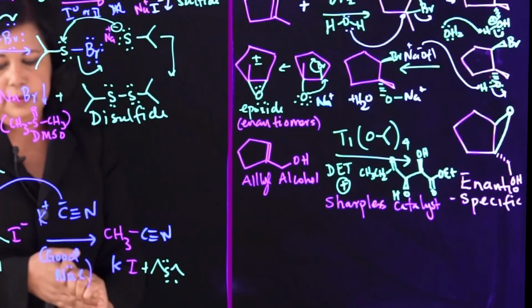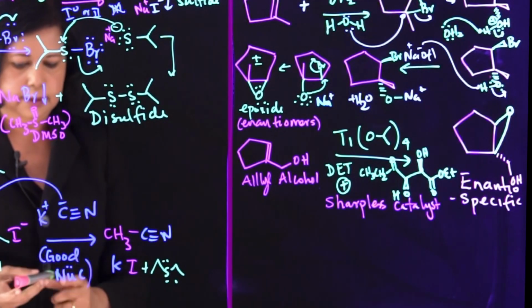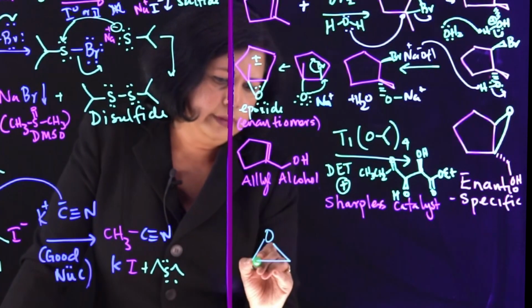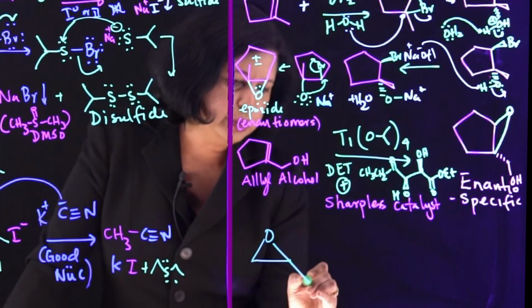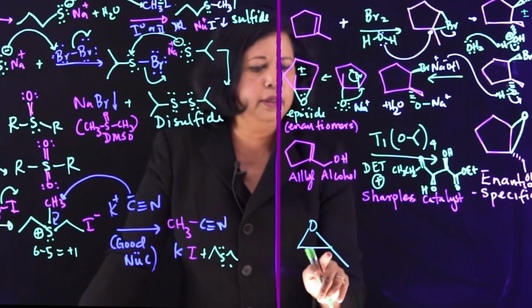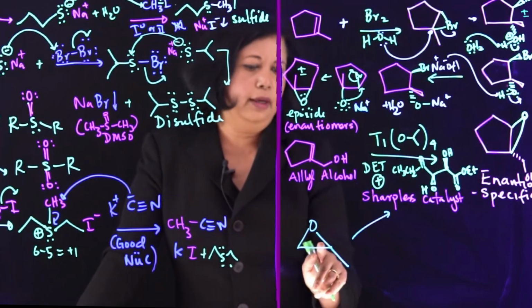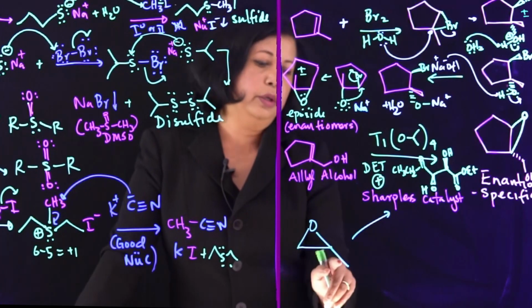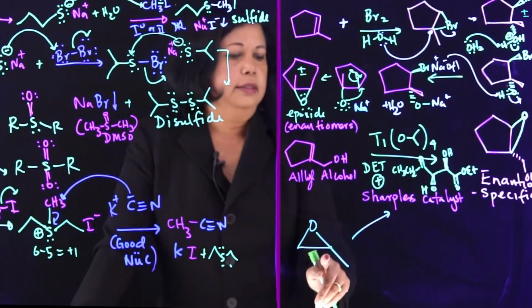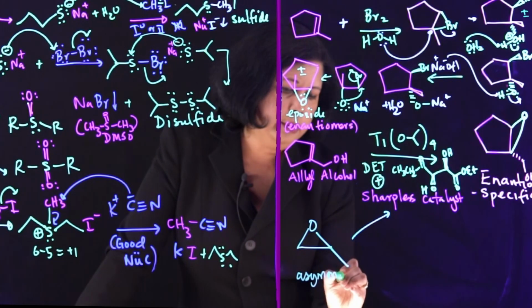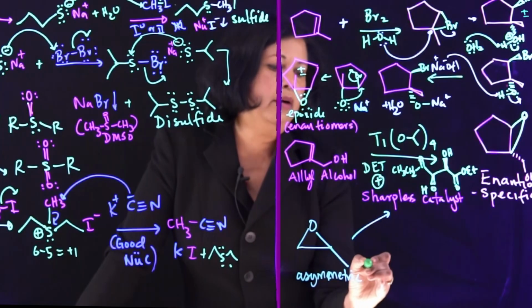What are the reactions? We studied a ton of reactions with epoxides, and I'm not going to repeat them. But if you have an epoxide, it depends on the substitution. If it is substituted more on one side than the other, let's say you have two groups here and one group here, or one group here, no group here. If it's asymmetric, then it can go either way depending on your reagent.